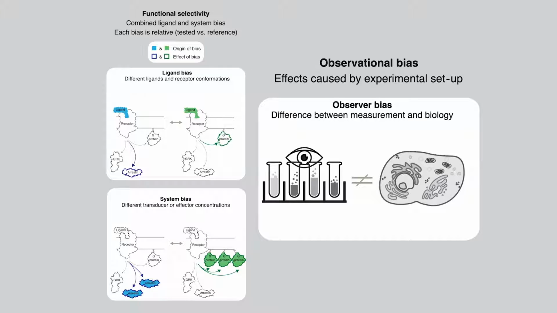And you mentioned observational bias, which is basically artifacts from incorrect experimental setups, and system bias, which is all other molecules in your system, be it the cells, the receptors, the concentrations of signaling proteins in the cell. So, the guidelines, they offer a number of experimental recommendations that you can do to isolate them in this way.